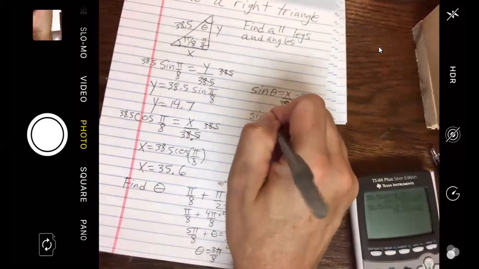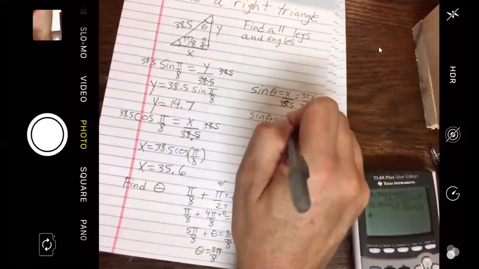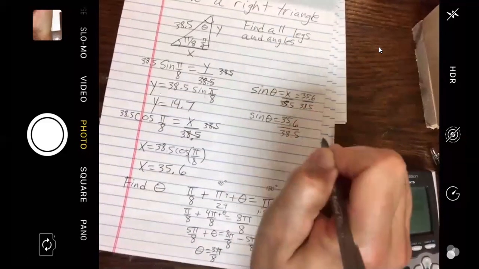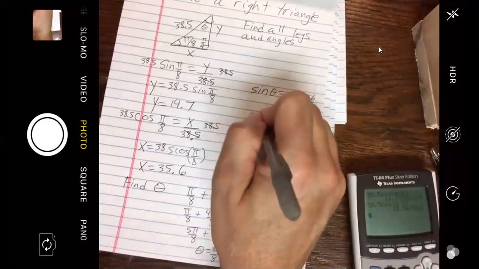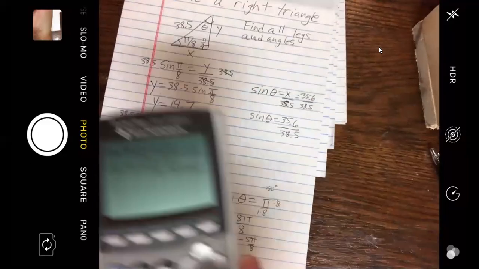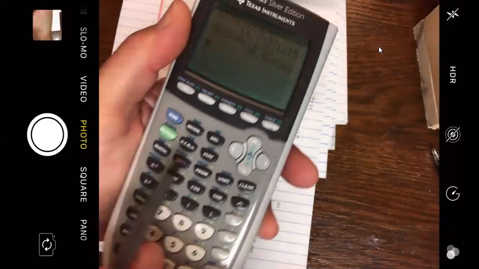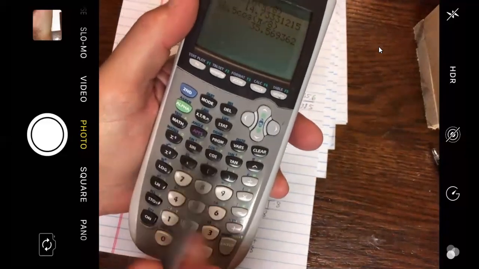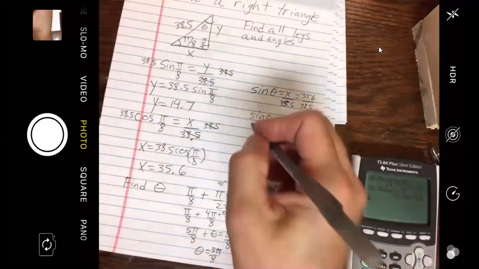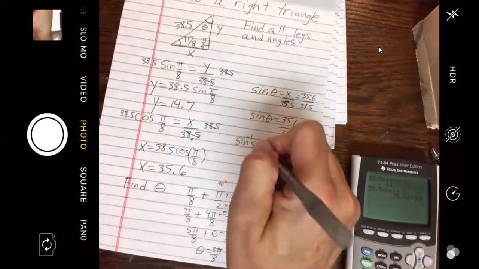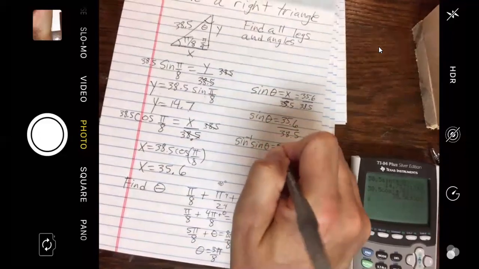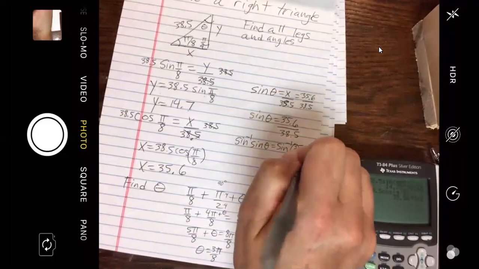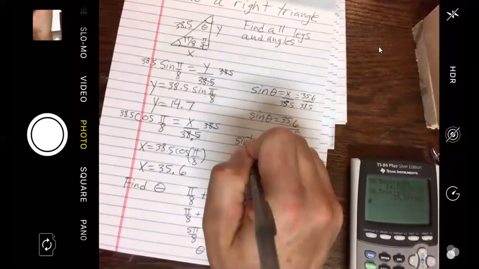You'd have sine theta equal to its opposite, 35.6 over 38.5. And then you do an inverse sine. The functions up above, sine or cosine or tan, you see this minus 1? They undo it. It's called taking the inverse sine. Inverse sine of 35.6 over 38.5. So this undoes it.